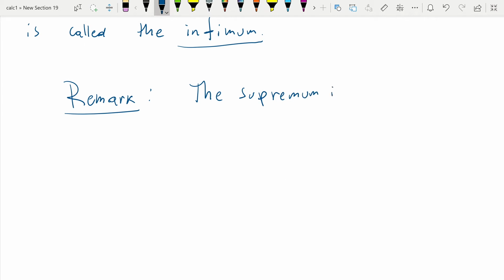The supremum is unique when it exists. Of course, I mean, we're talking about supremum means it's a number. Supremum is unique. How do we know that? Well, suppose, to see this.